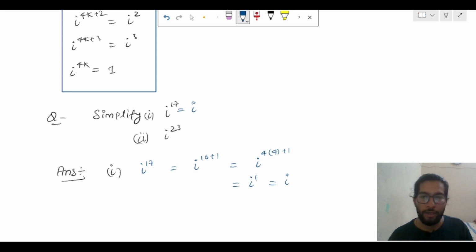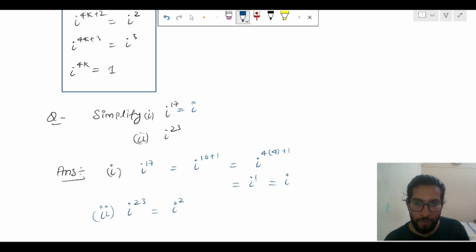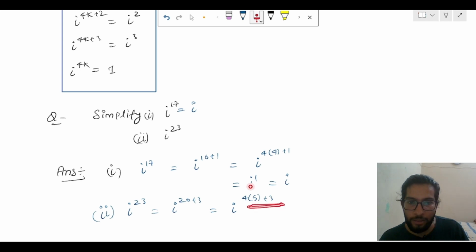Now second one, iota power 23. We can write it as iota power 20 plus 3, which is iota power 4 multiply 5 plus 3. It is also of the form iota power 4k plus r, where r is 3, and we can match this one with the third one, this iota power 4k plus 3.